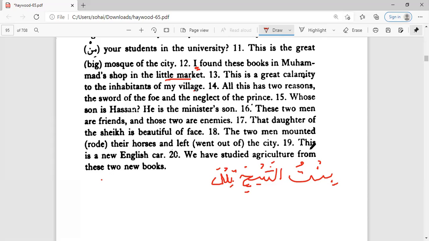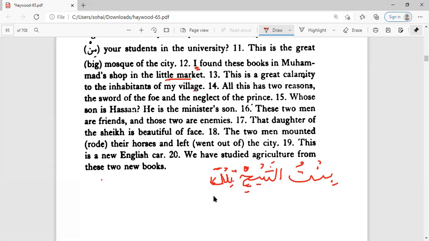So why do we say bintu al-Sheikh tilka afterwards? Why don't we say tilka bintu al-Sheikh? What's the difference?